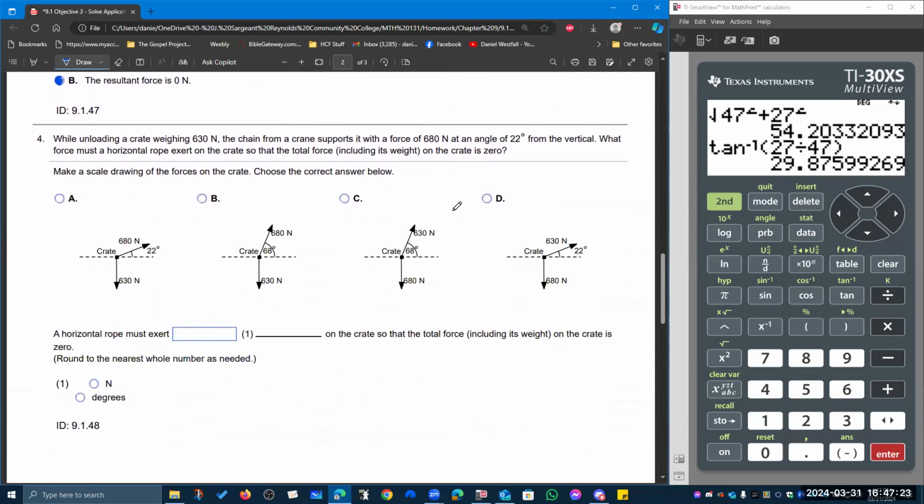All right, well, unloading a crate weighing 630 newtons, the chain from a crane supports it with a force of 680 newtons at an angle of 22 degrees from the vertical. Watch out, that means that 90 minus 22 is going to be 68 degrees from the horizontal.